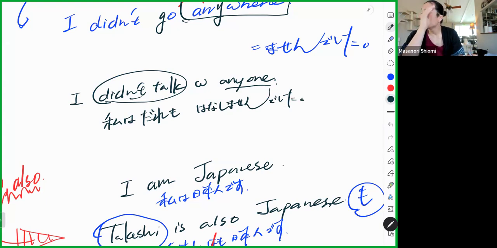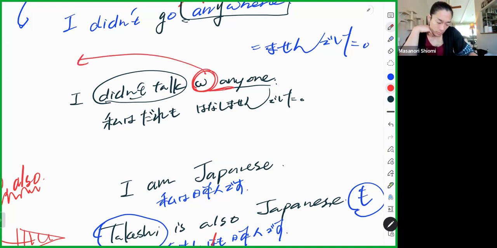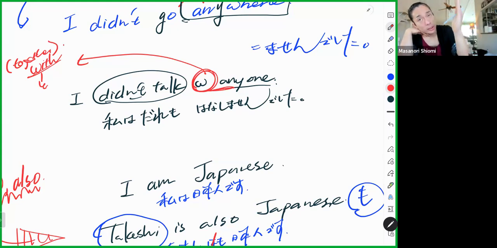If we want to put a double particle to add the meaning of with anyone, what's the particle to use to mean with? Like together with. It's to, right? For example, 私はたけしと話しました。I talked with Takeshi.